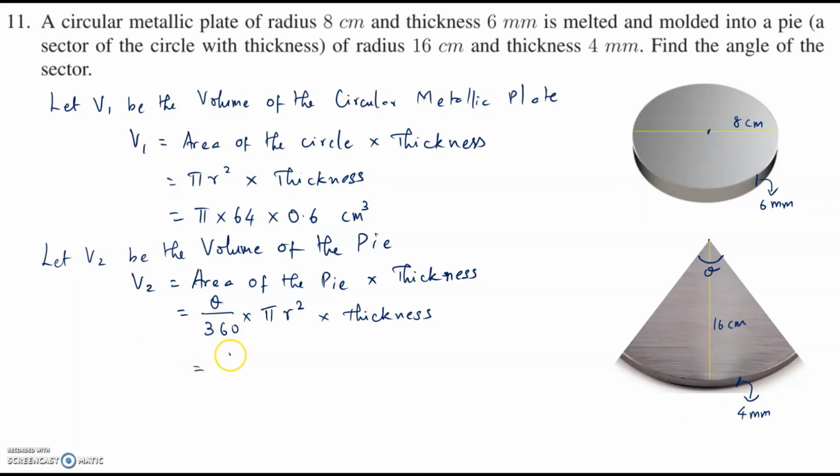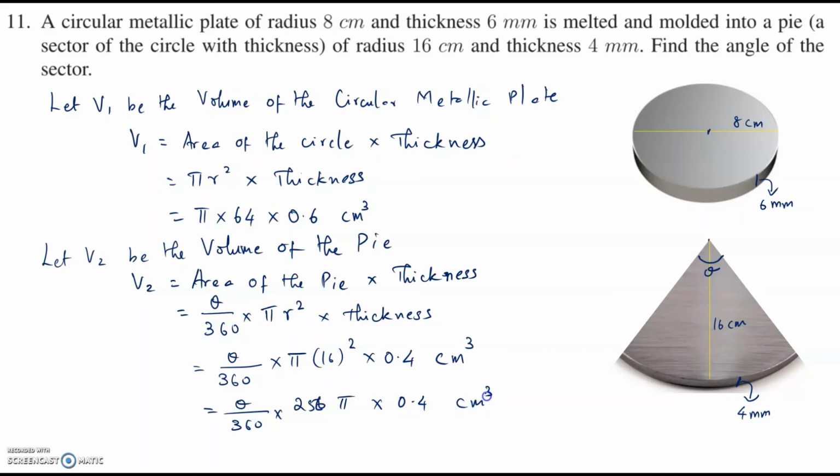So you get theta by 360 into pi into 16 squared, which is 256, times 0.4, in centimeter cube.